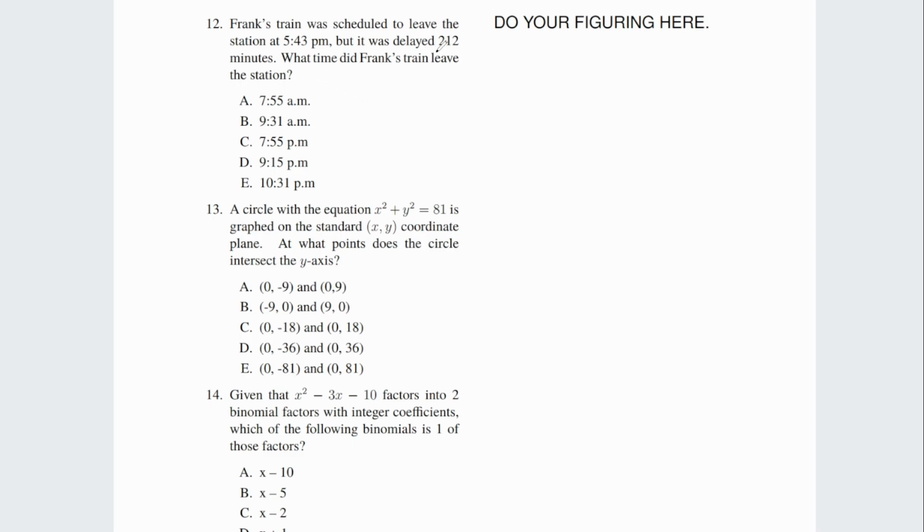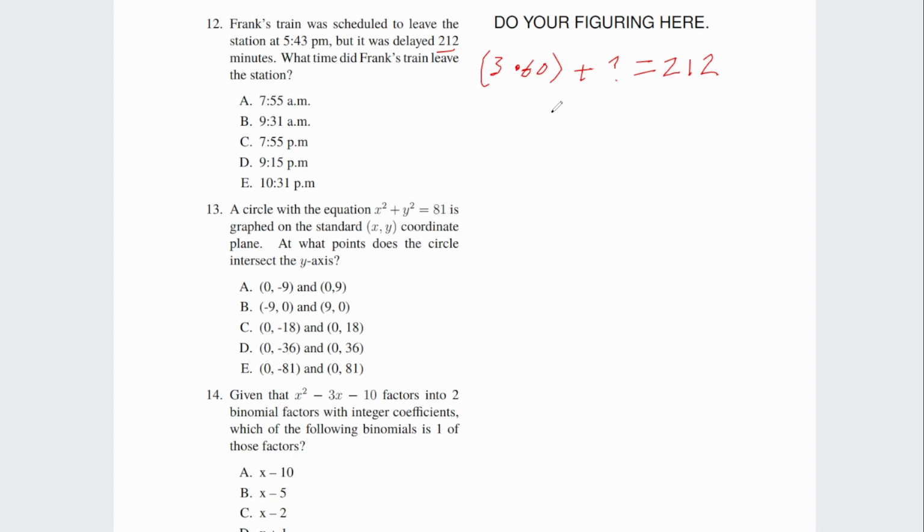So 212 minutes is an interesting way to express time. 212 minutes, off the top of my head, is 3 hours and something, right? So if we have 3 hours, which is 3 times 60, plus something equals 212. Take 180 out of it, 3 times 60.